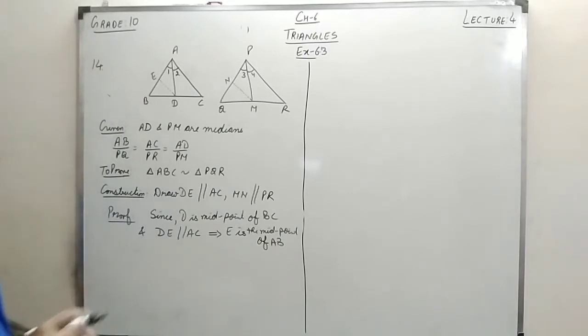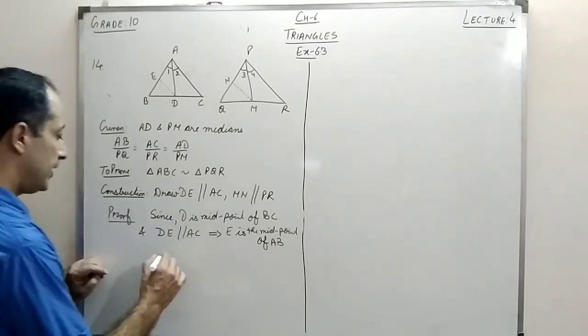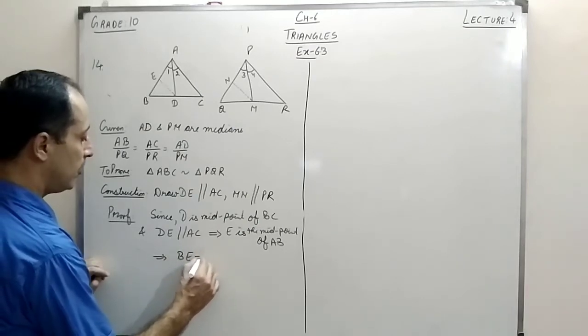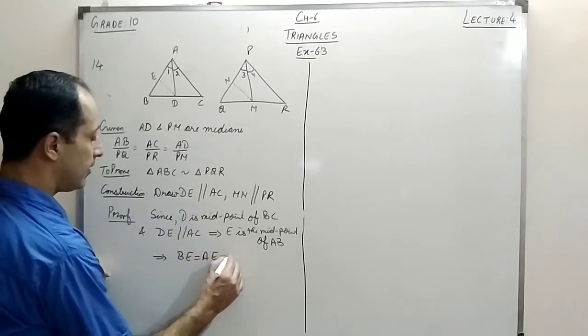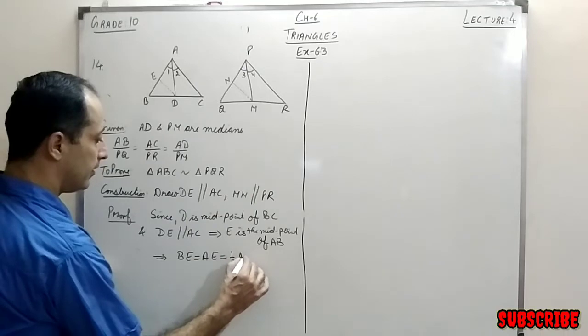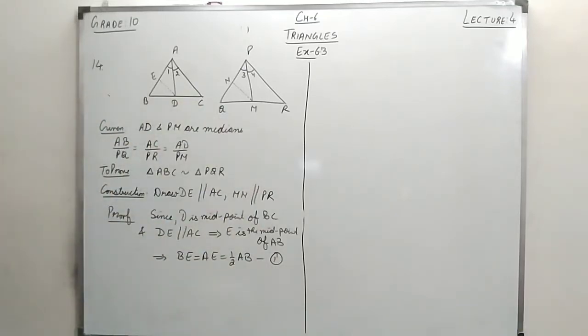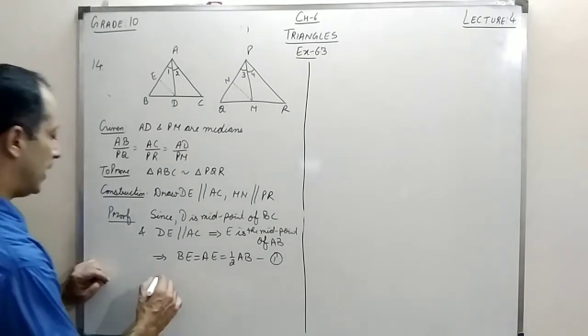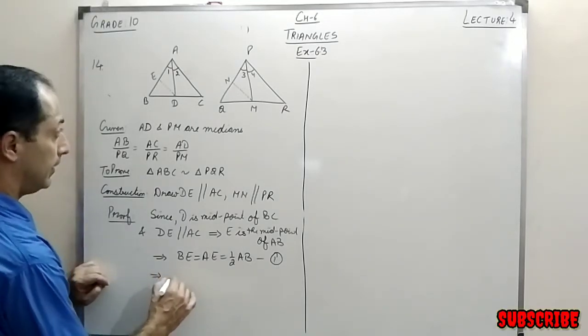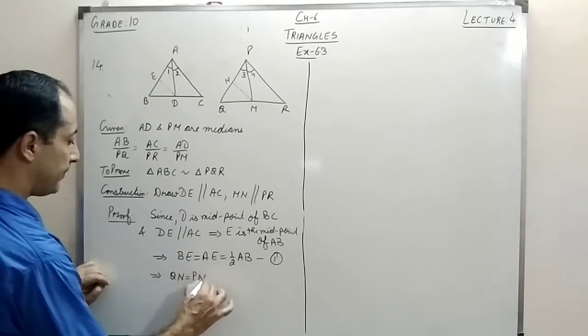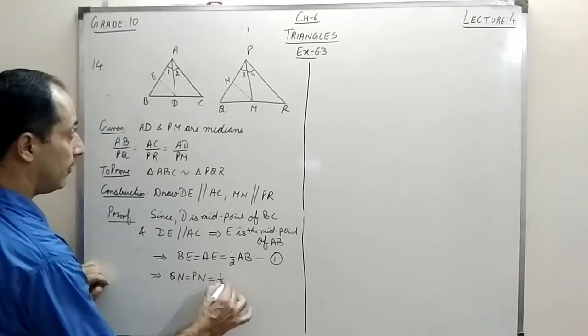Now, if E is the midpoint of AB, this means that DE is equal to AE is equal to half of AB. I just put it as 1. Similarly, if you take the other triangle, in other triangle also, I can say that QN equal to PN equal to half of PQ.